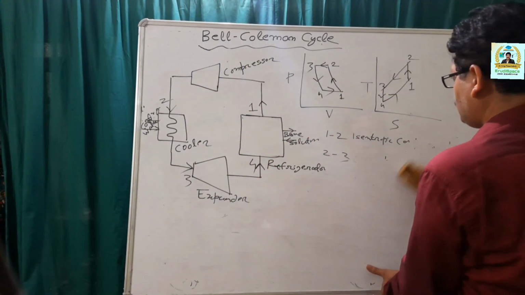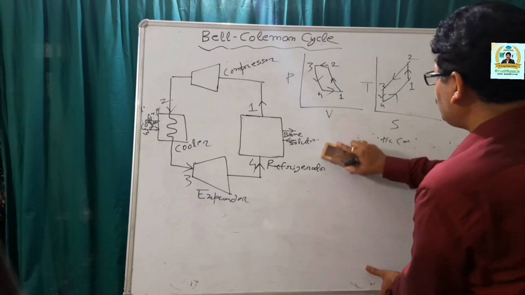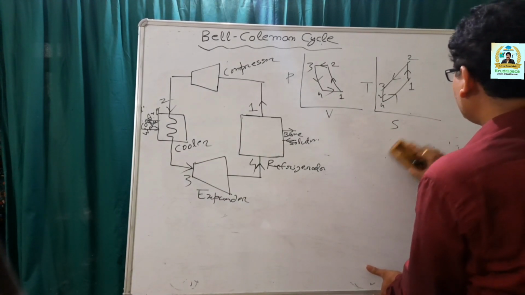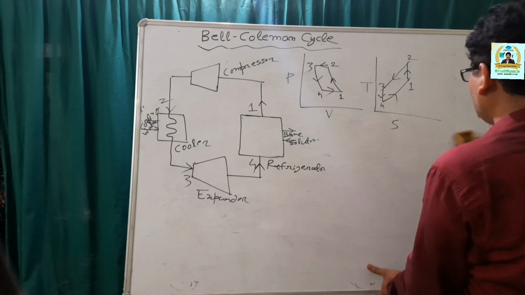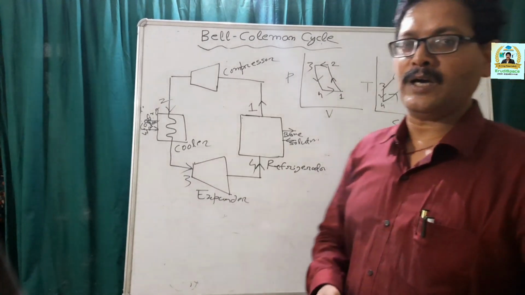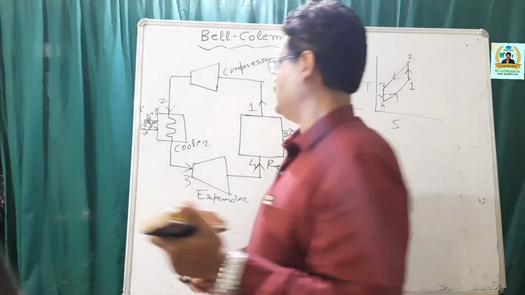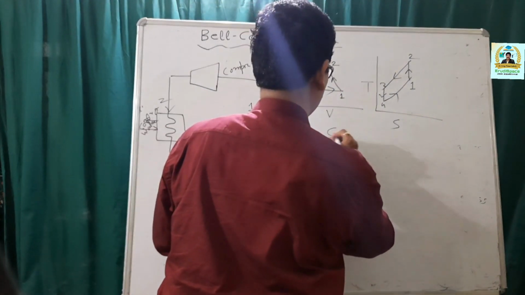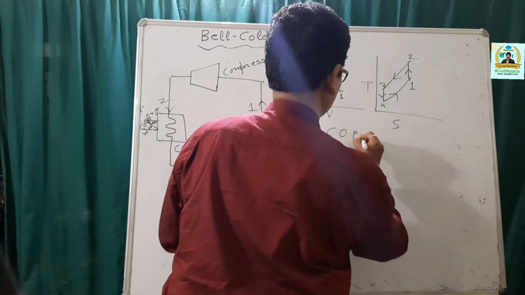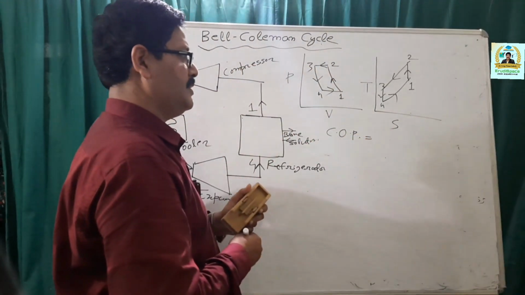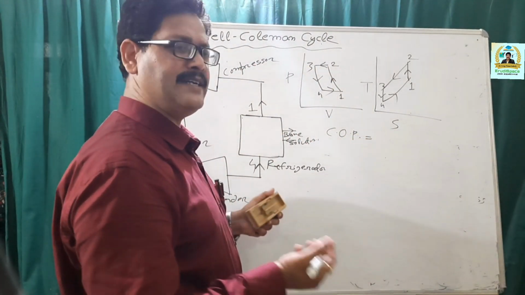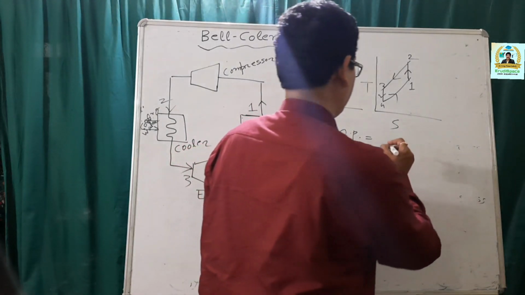Now, we will find out the coefficient of performance or the C.O.P. of the system. All of us know that the C.O.P. is actually the ratio between the heat absorbed divided by net work done.